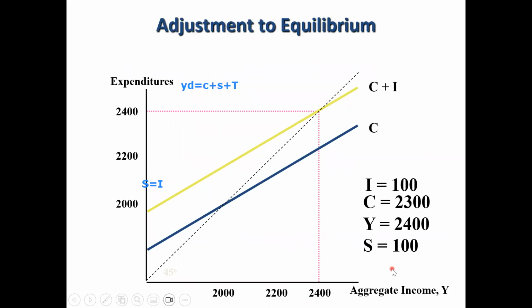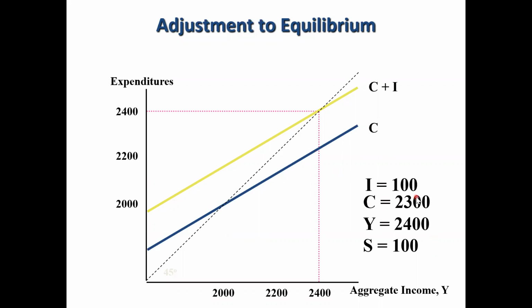As we see in the graph, we can get the relationship between expenditure and aggregate income. Here we have the consumption function by this line. Here is the consumption plus investment. And we are assuming these numbers.